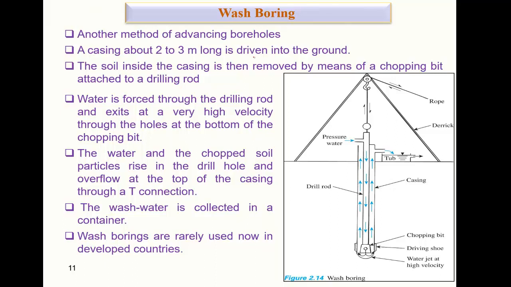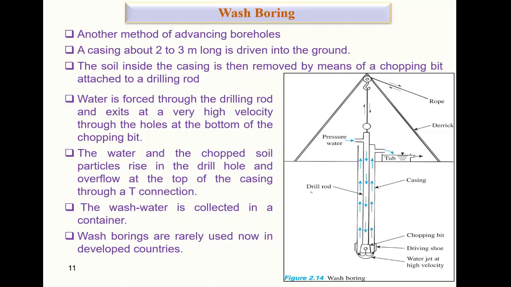So another method, the easy method: a casing about 2 to 3 meters long is driven into the ground. So after the initial driving, we usually insert the 2 to 3 meter casing in the ground. The soil inside the casing is then removed by means of a chopping bit attached to a drill rod.